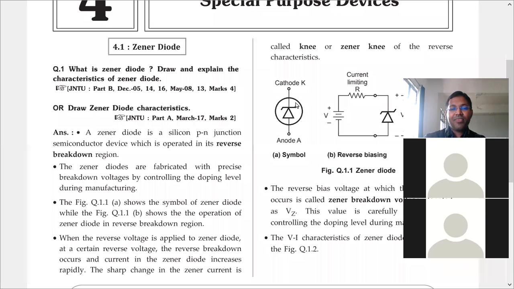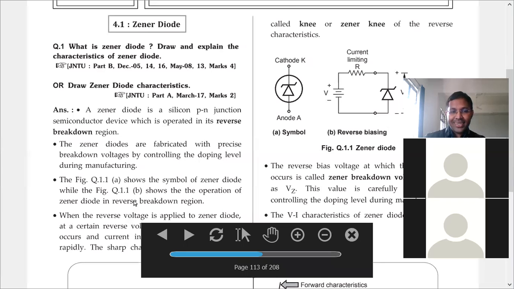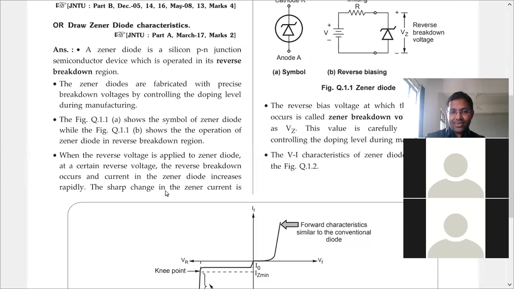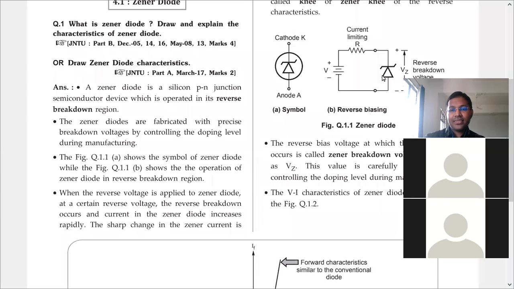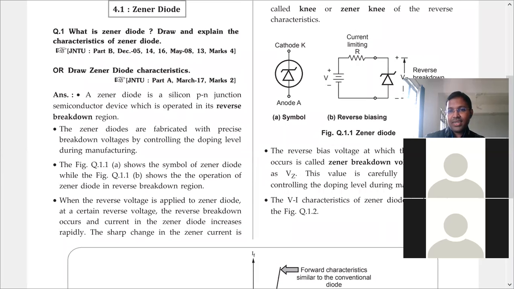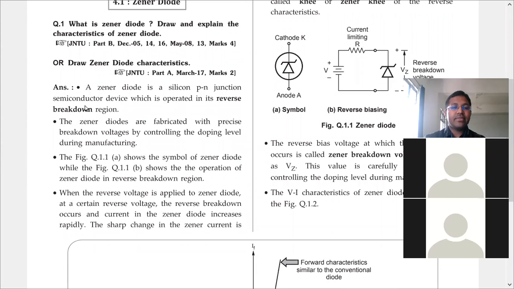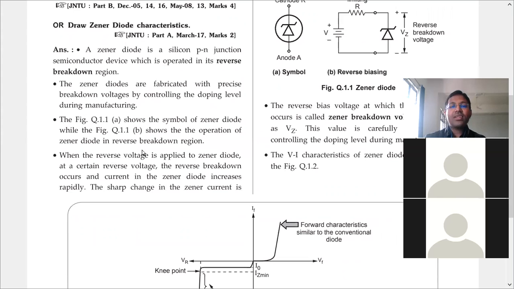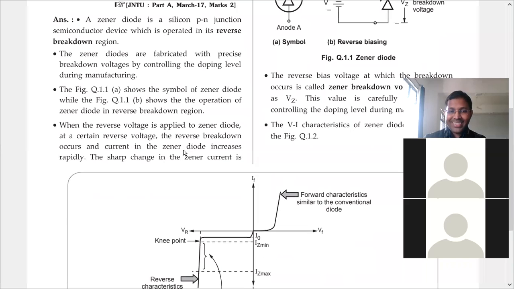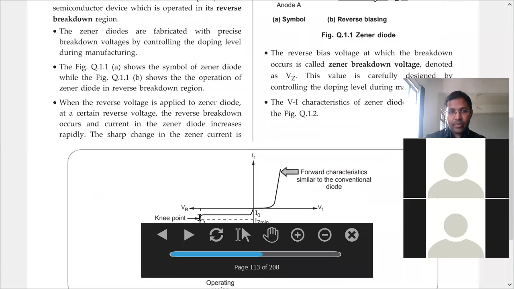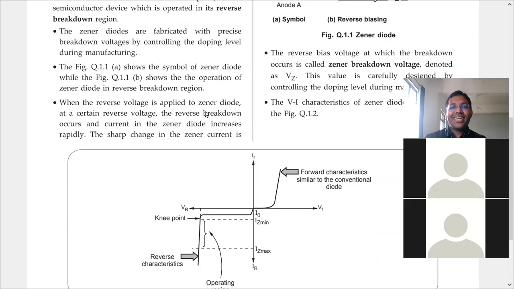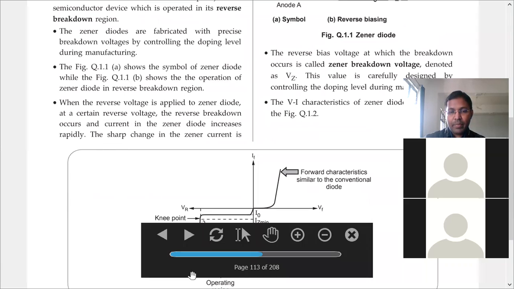The symbol of the Zener diode we have seen. And for operation in the breakdown region, this is the circuit, because we are connecting it in the reverse bias condition. This is the circuit we have to connect. Next, when a reverse voltage is applied to the Zener diode, at a certain reverse voltage, at this point, the reverse breakdown occurs and the current in the Zener diode increases rapidly.